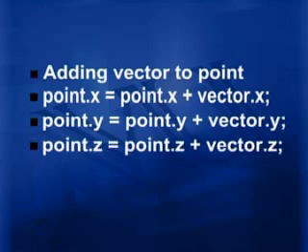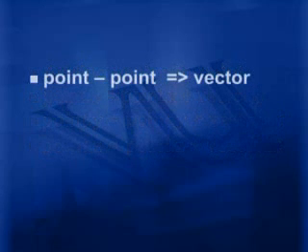Simply what we mean to say is that the x components of the point and the vector are being added together, and the resultant is being stored as the x component of the point. Y components of the vector and the point are being added together, and the resultant is being stored as the y component of the point. And similarly, the z components of the two are being added together to come up with the z component of the point, which is stored as the z component of the point. Thus we add a vector to a point.